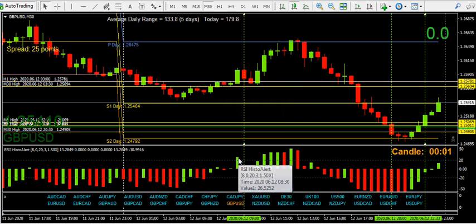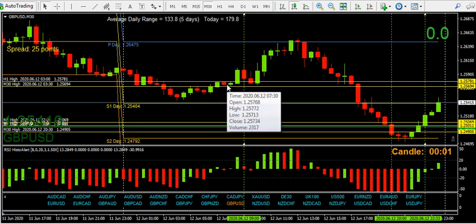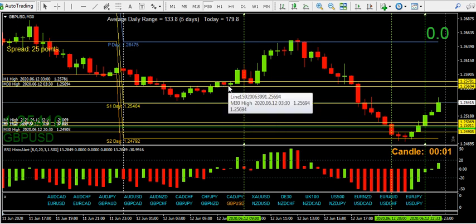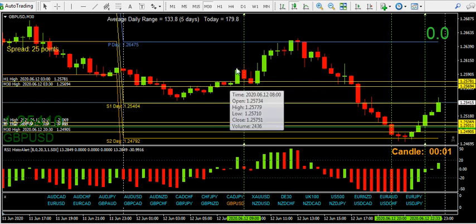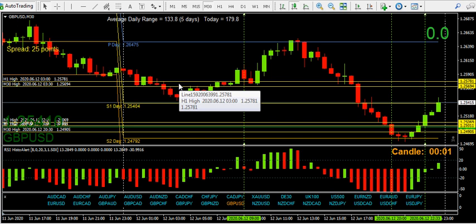And as you can see, we got the bust and break. We would have entered using the lower time frame bust and break, and got our move, captured that move there. But to be safe, you have to make sure you're not trading into a higher time frame level.